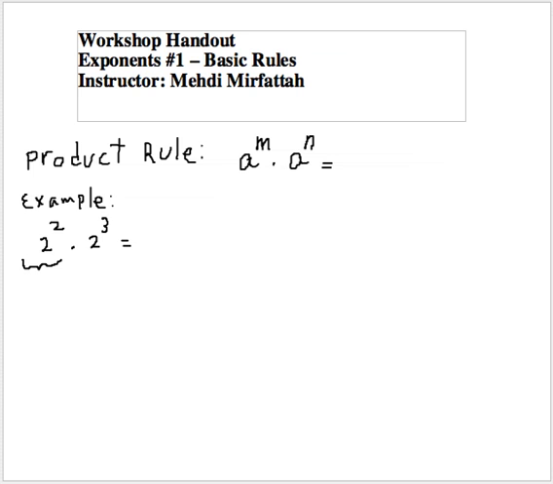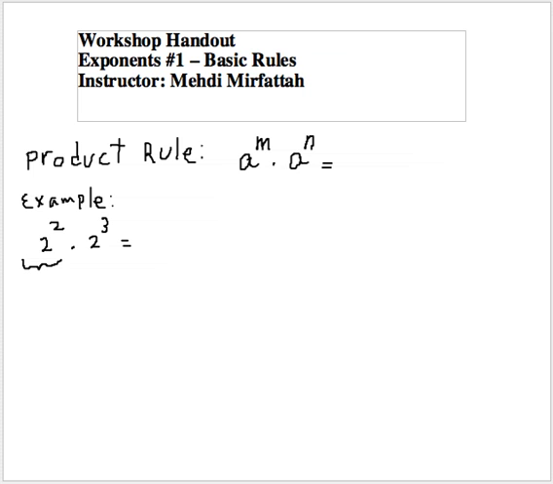Okay, yes, 2 to the power of 2 is equal to 4, but it means we have how many 2's? Robin, you want to type how many 2's we have there? We have 2 2's, right? Sandra, you said 5.